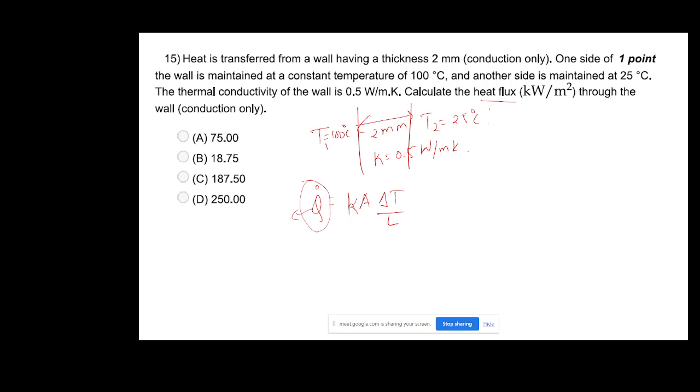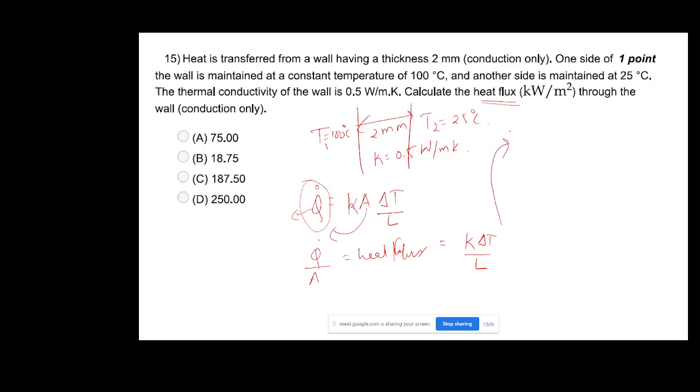Since we want to find out the flux, it will be per meter square, so this area comes out in the denominator. So Q dot by A, which is the heat flux, is equals to K into delta T by L.